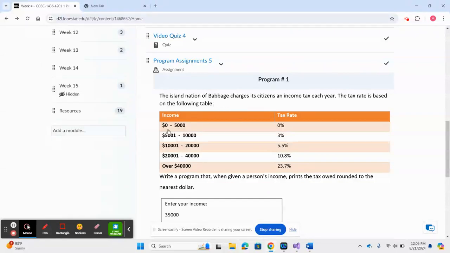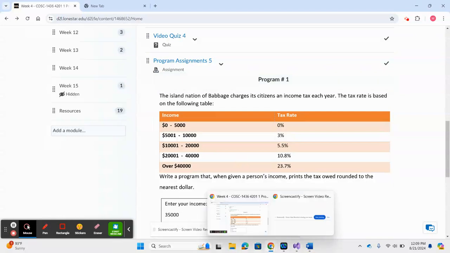You're going to prompt the user to enter the income. But as you can see right here, this is from the bottom. So you can start from the top, over 40,000. So this is the same thing, right? You're going to start from the top if you want to, from here. And then you're going to do the same thing, just like the grade, okay?